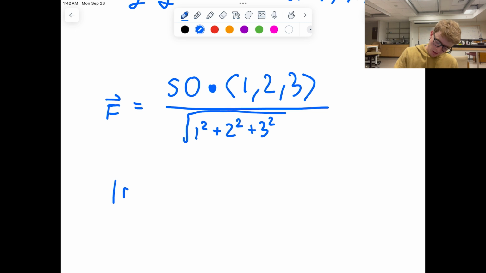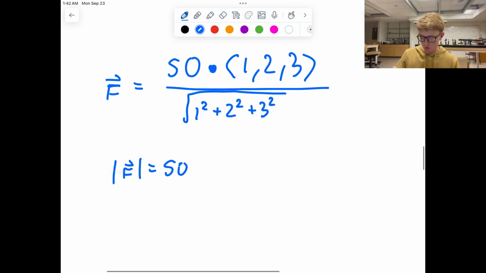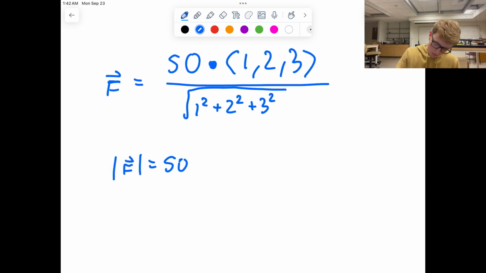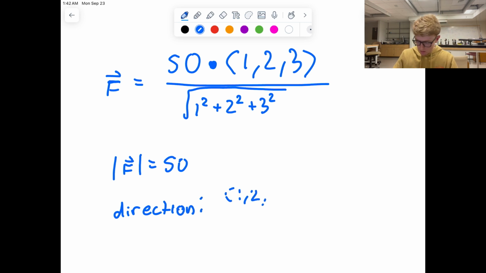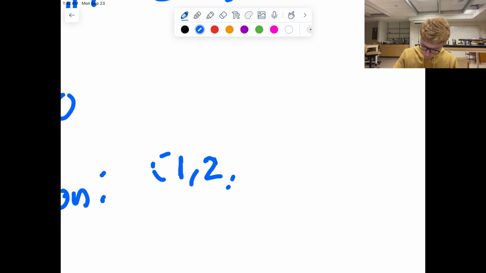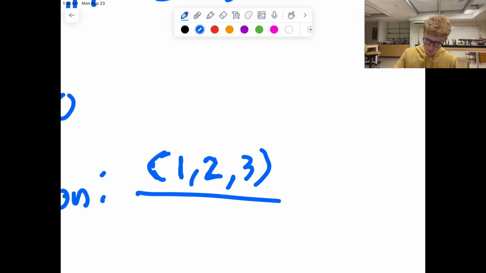And so we can say that the magnitude of f is 50, which is what we wanted, and its direction is given by this.